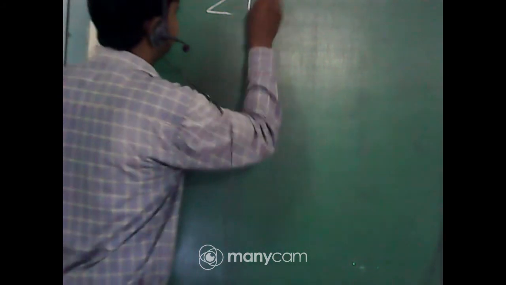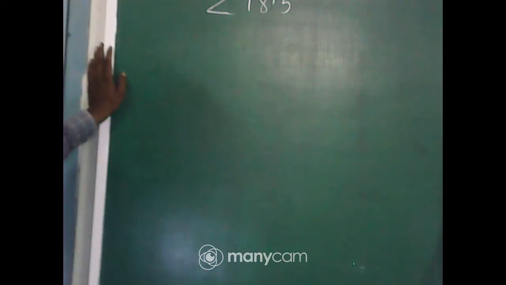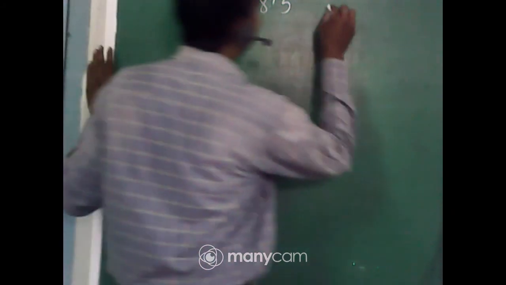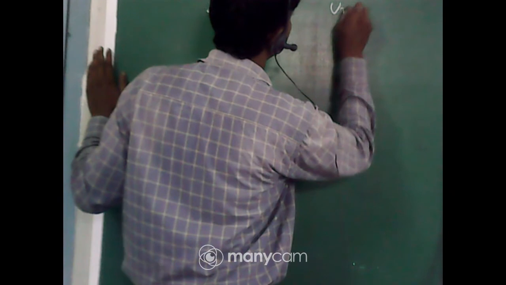Okay, I am writing this. Below less than 18.5, it's called underweight.